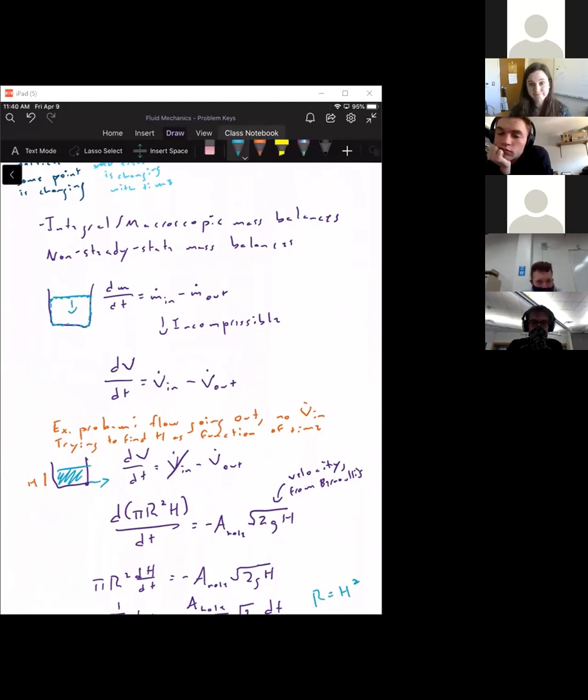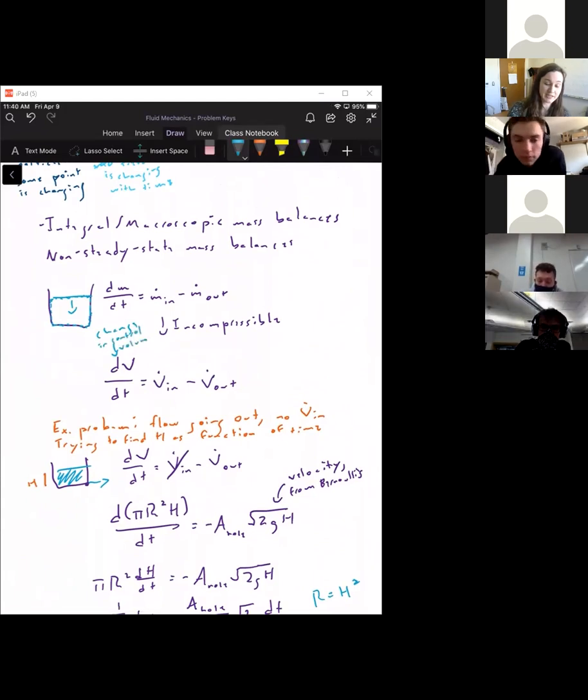Okay, so that wouldn't be part of the flowing in and out term? Nope. Because this part, change in control volume, you could also call it accumulation. So like the stuff that's building up. And this part is in and out.